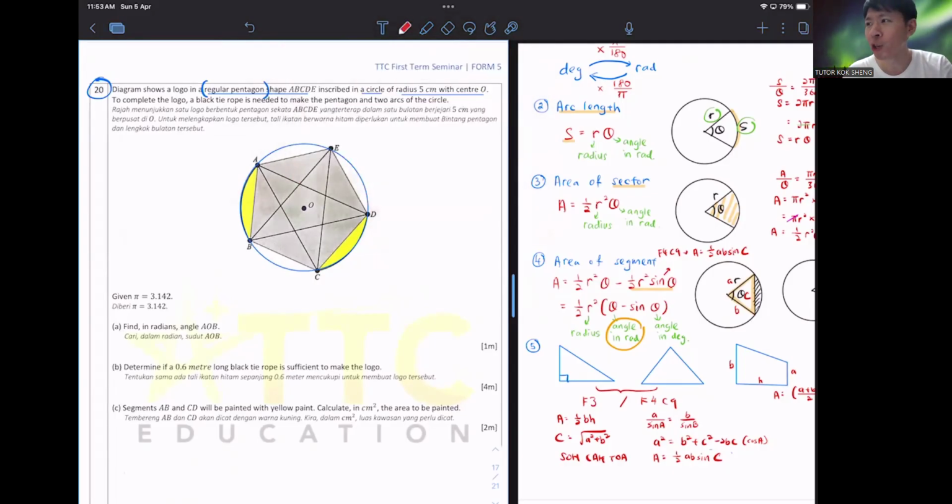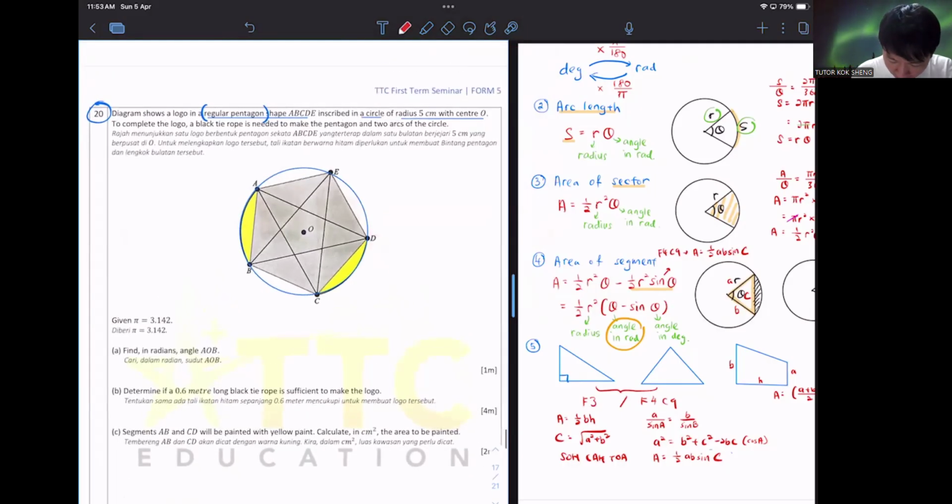You learn this in Form 3. If I'm not mistaken, it's n minus 2, times 180, and then divided by n. Yeah, I think it should be this one. This is the one to find the angle on each side.